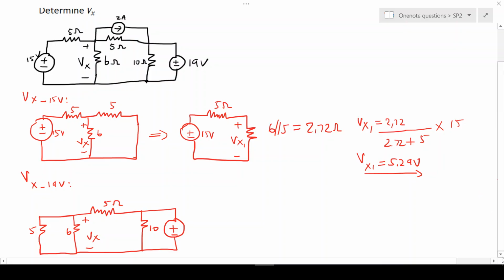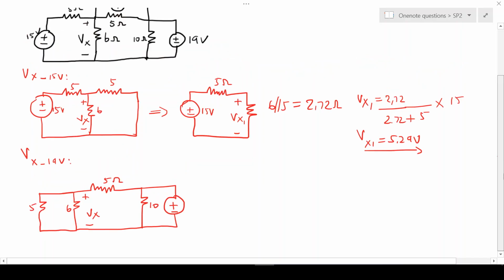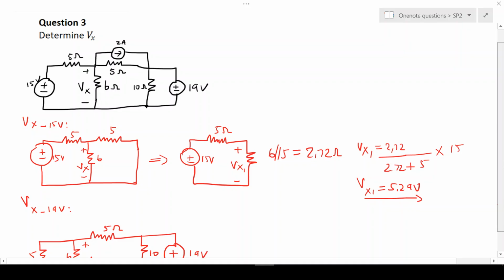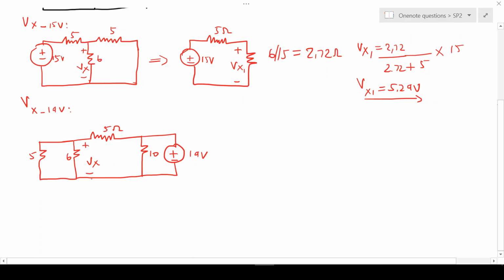Right, now how will we find this value for Vx? So first we can add these two in parallel, and that should assist us in calculating the equivalent resistance between those two.